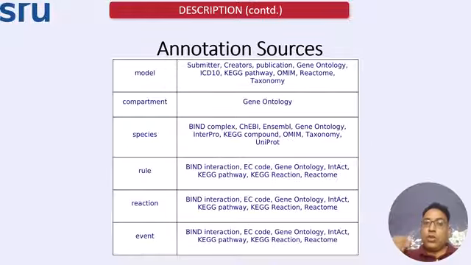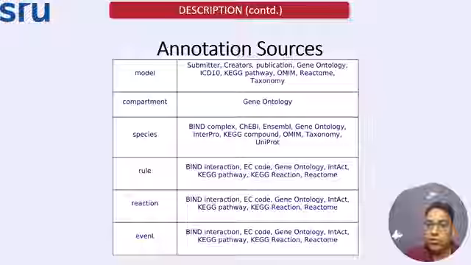And now understand these annotation sources. I'm listing here various servers for doing different kinds of analysis. All of you can see this in more detail. See the model part: submitter, creator, publication, gene ontology, ICD-10, pathway, OMIM, taxonomy.